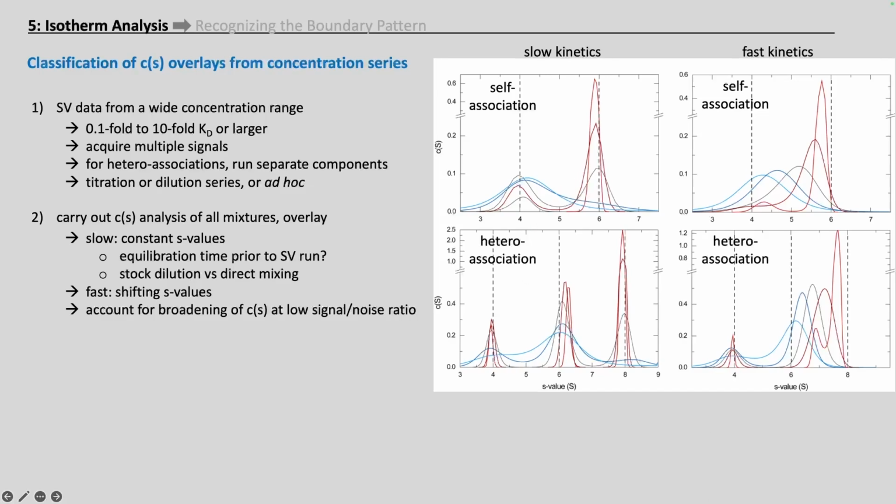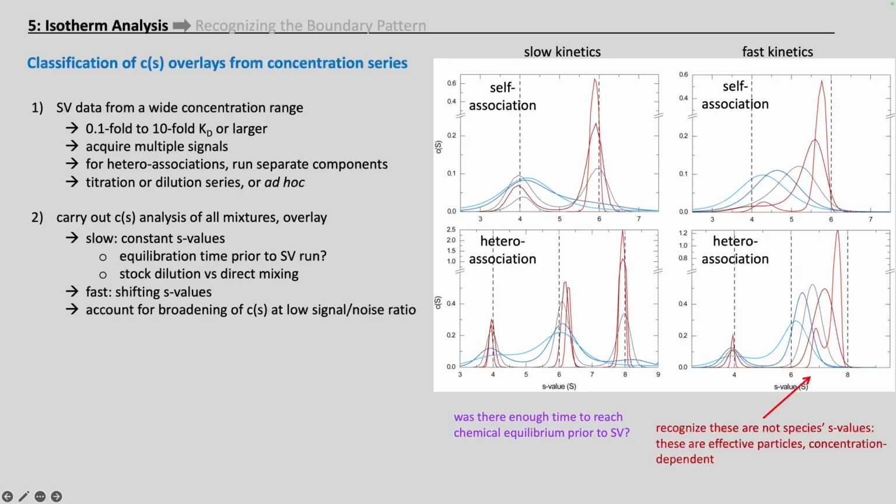When we recognize we are dealing with a slowly equilibrating system, then usually we double-check that the incubation time of the sample prior to the run was sufficient. Sometimes we find ourselves repeating the same experiment in different configurations, for example, reaching the same sample concentrations through dilution of highly concentrated equilibrated stock in comparison to another sample that was directly mixed to the same final concentrations. We should get the same result if the samples were sufficiently equilibrated.